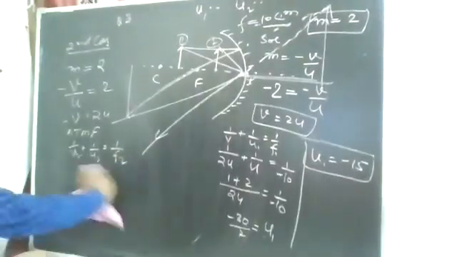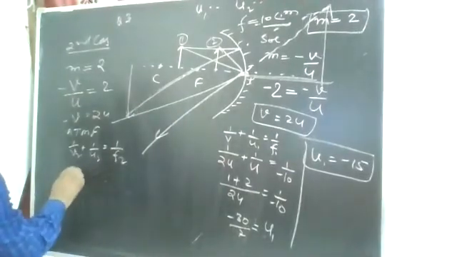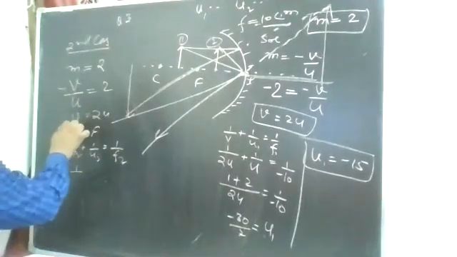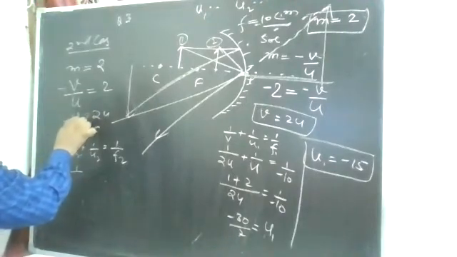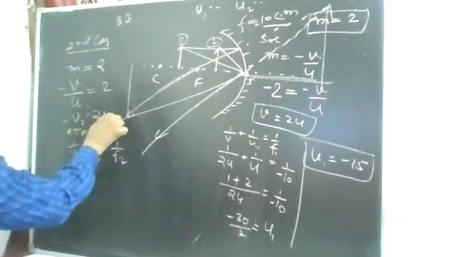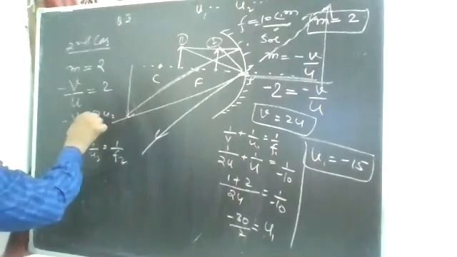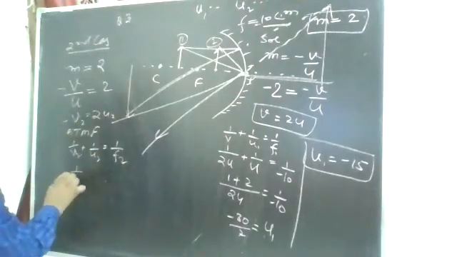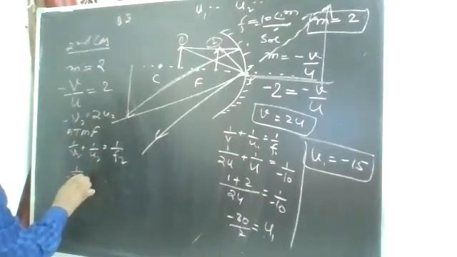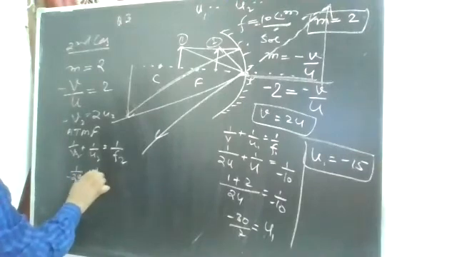How can you solve? What is v2? v2 is equal to minus 2u2. So 1 by minus 2u2 plus 1 by u2.